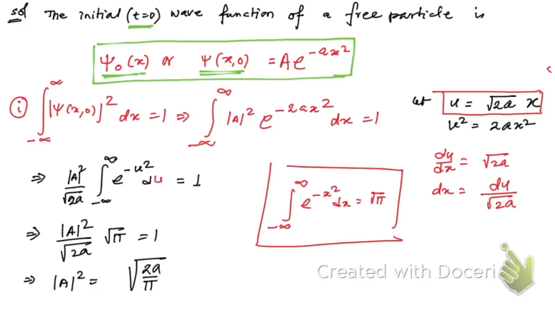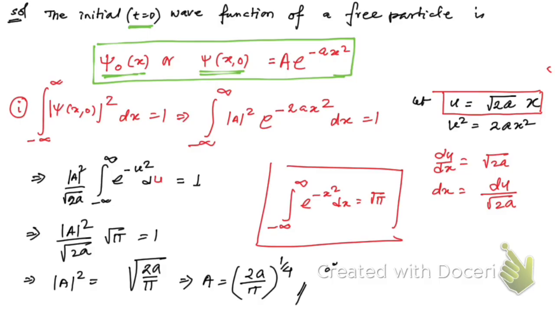Okay, and taking the square root, we're going to have a is equal to 2a by pi to the power 1 by 4, because here we have a square root and on this side is square, so on taking again the square root we're going to have 1 by 4, right? So this is the value of a we have got.